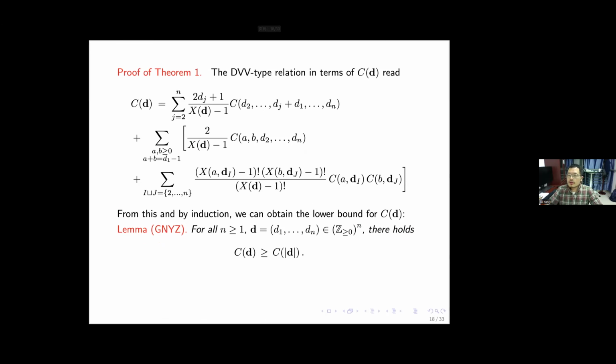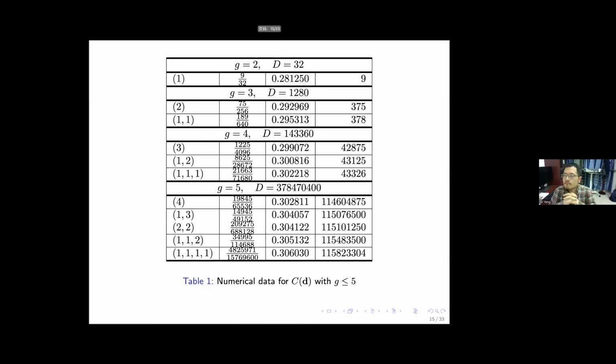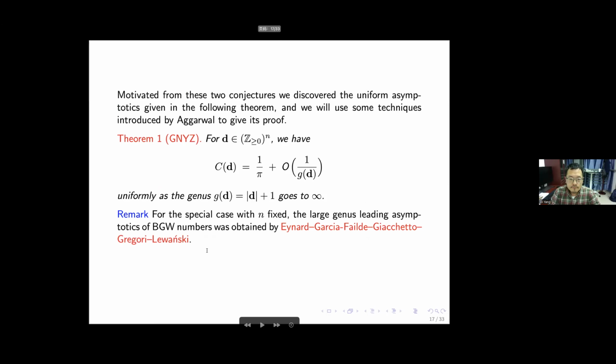Professor, as the genus grows, how can you preserve the partition? As the genus grows, you have partitions of G minus 1, and in the statement of the theorem you analyze here, how can you preserve the partition D as the genus grows?